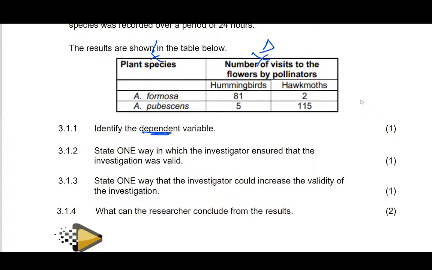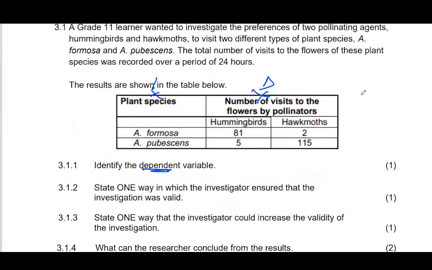It means you're supposed to talk in past tense.